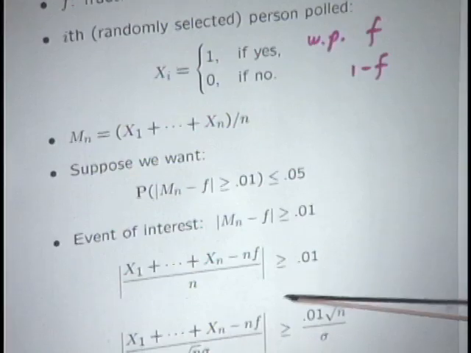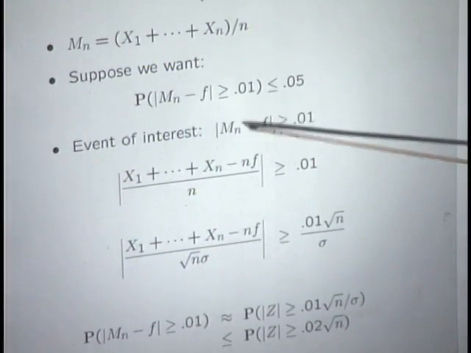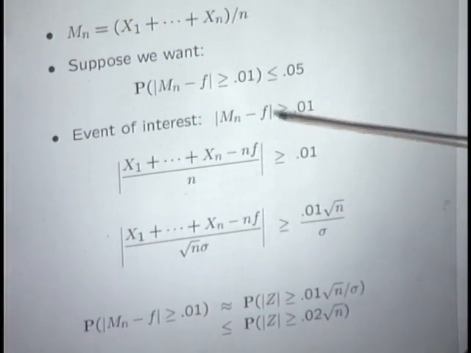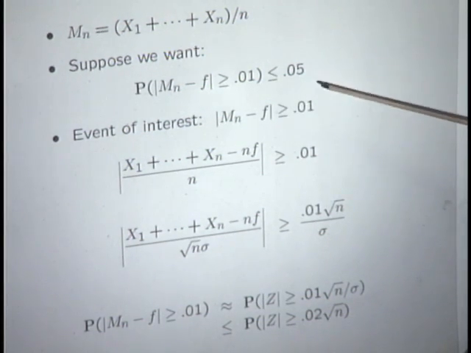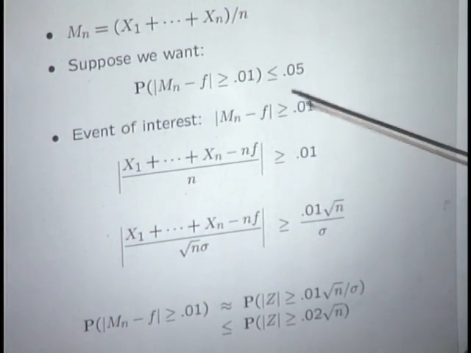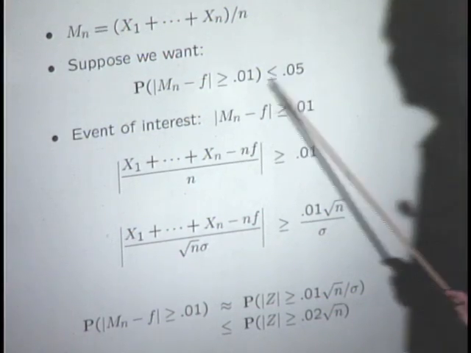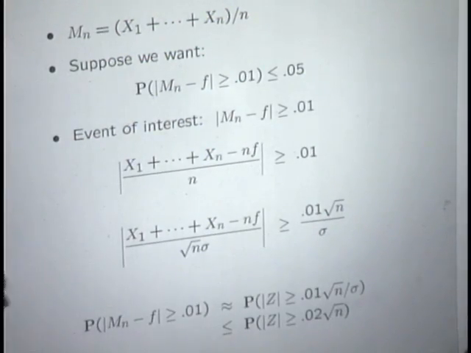So the event of interest is this, that the result of the poll minus the true answer is bigger than 1 percentage point in absolute value. And we're interested in calculating or approximating this particular probability.